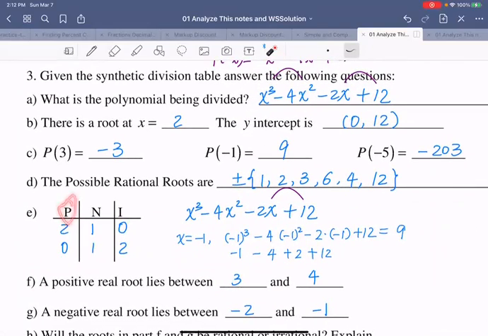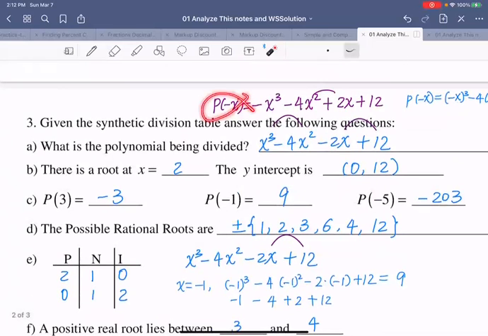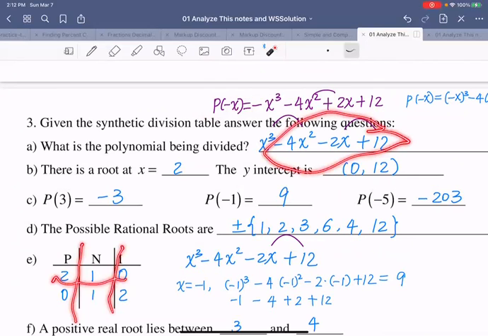P is the number of sign changes for your original function, P(x). N is your number of sign changes for P of negative x. When you have this chart, you list the P and N from here and from here. Next, you find the imaginary roots.